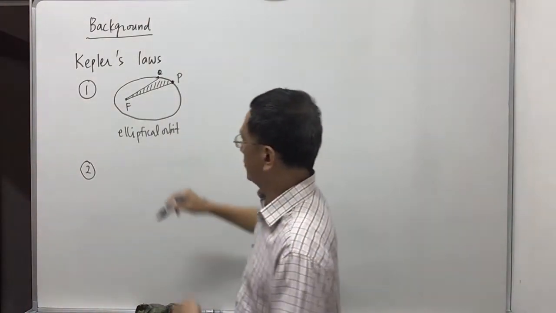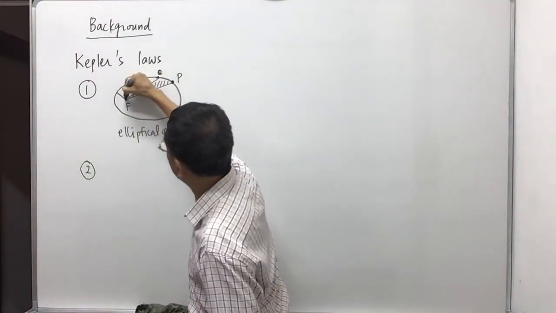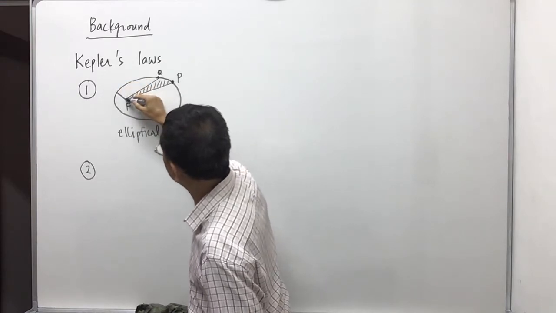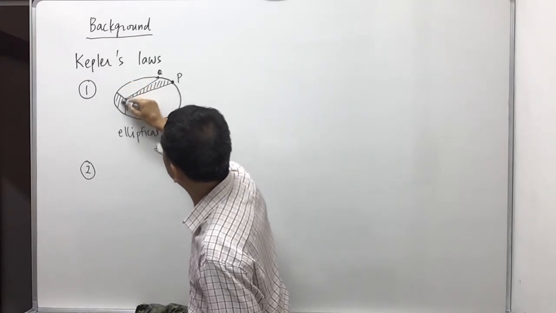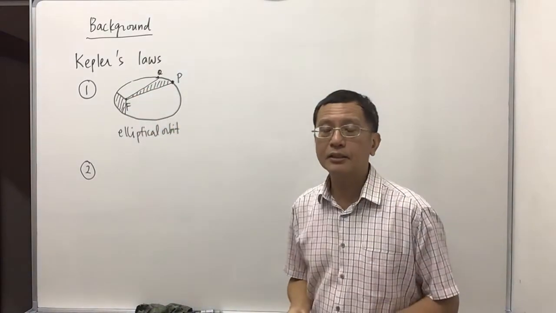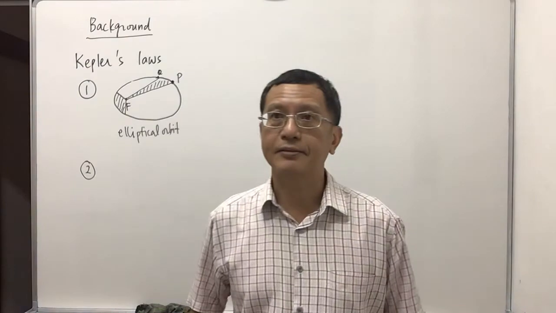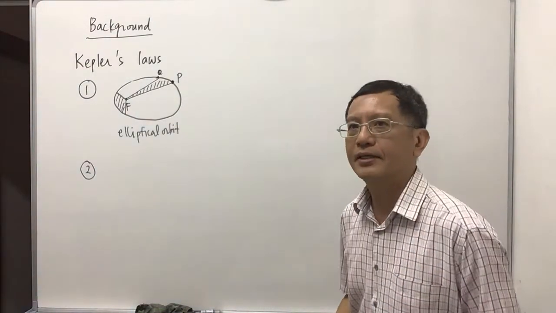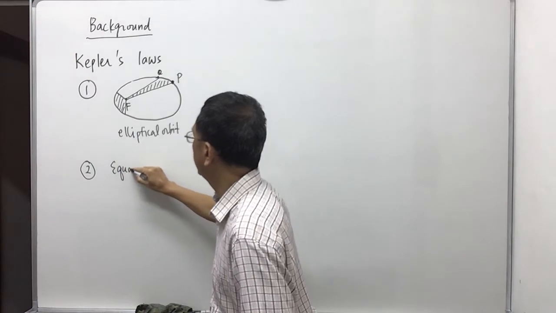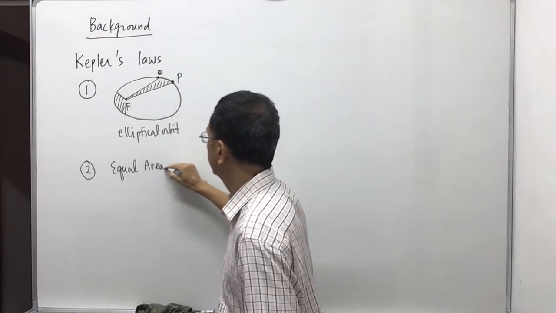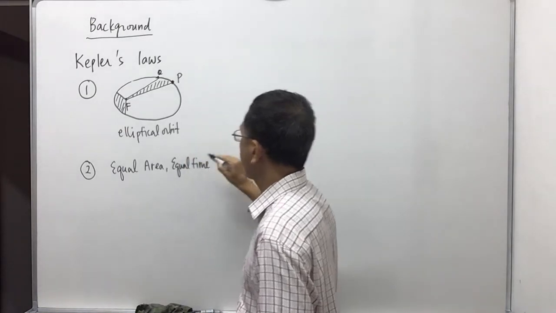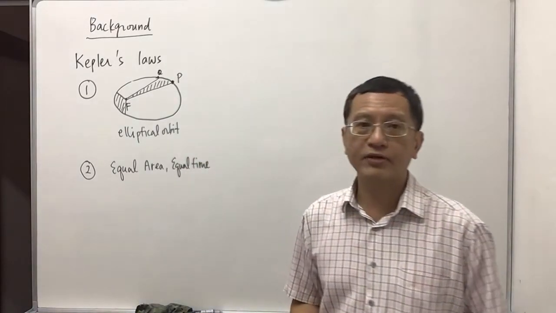Then at another position, let's say nearer to the sun, that 1 week will sweep out an equal area, but you can see that it actually covers a longer distance because nearer the sun, the planet will be moving faster. So we can summarize that as equal area, equal time. That's the second law of Kepler.